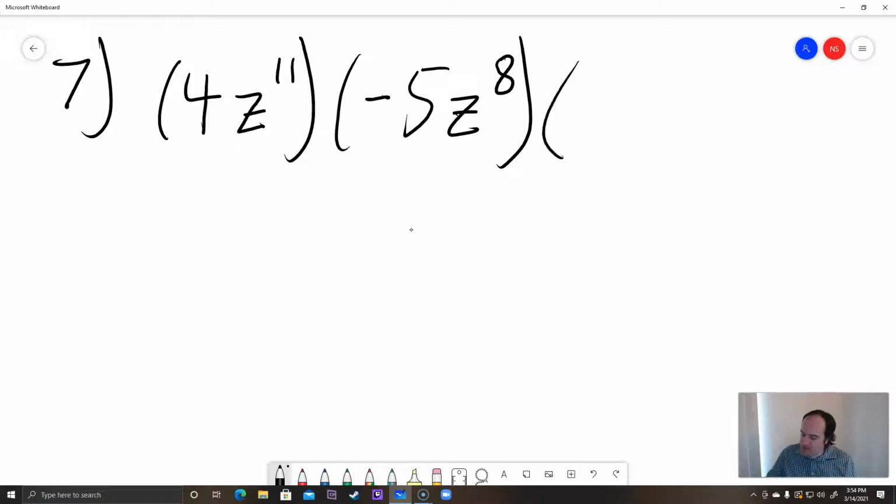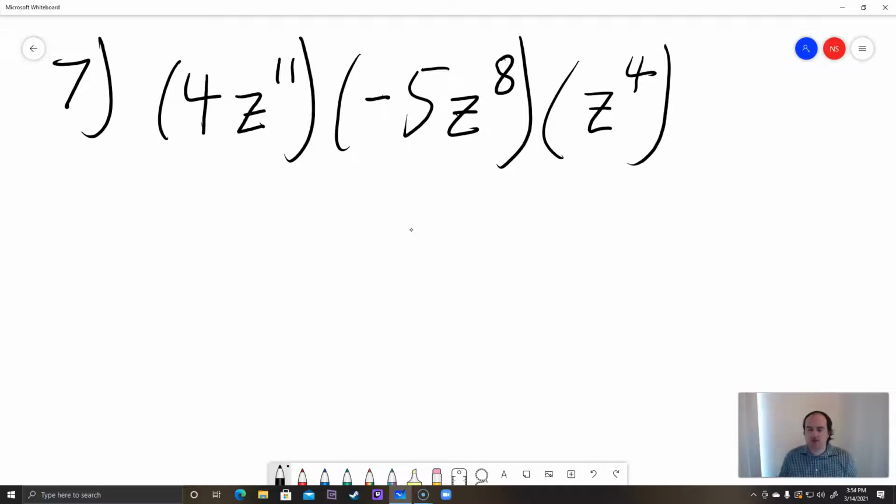times parentheses z to the 4th. Okay, so parentheses 4z to the 11th times parentheses negative 5z to the 8th power times parentheses z to the 4th power. Now this one only has one variable, so that's not so bad. But it does have a lot of stuff going on.